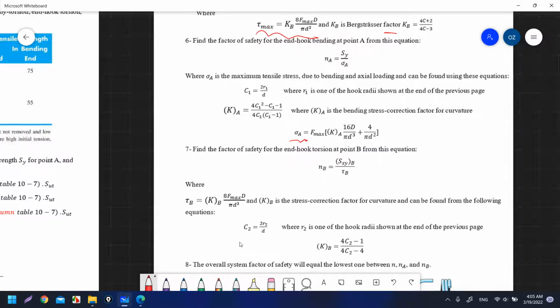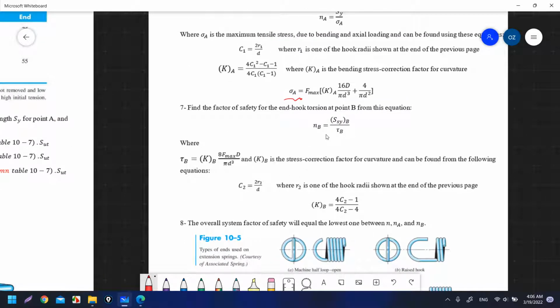So in order to find Kb, you need to find C2, and C2 contains R2. And in order to find Ka, you need to find C1, and C1 contains R1. Then after you calculate Ka and Kb, you go and add them in the equation for sigma A and for the equation for tau B.